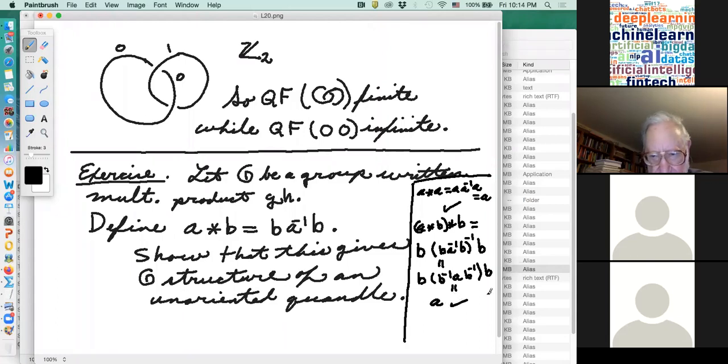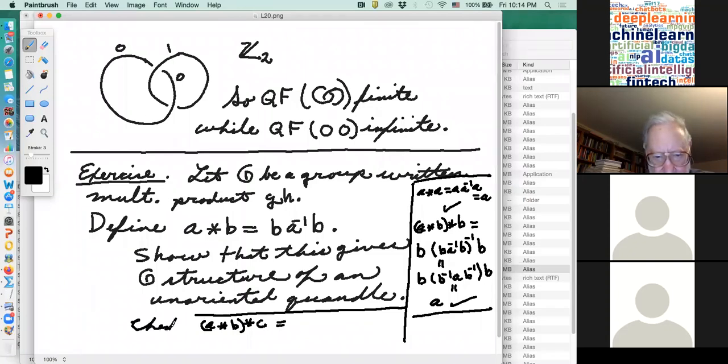And that's what we wanted to check. And then the last thing that you want to check is that A times B times C is equal to A times C times B times C.